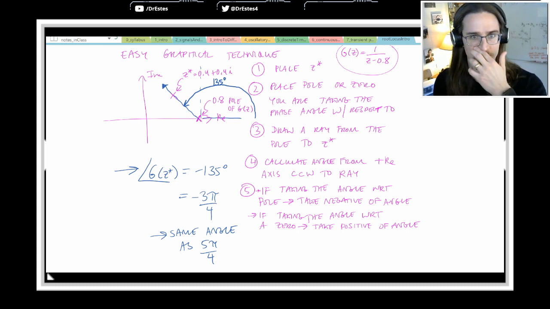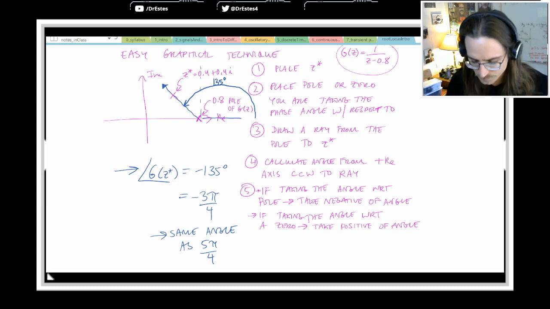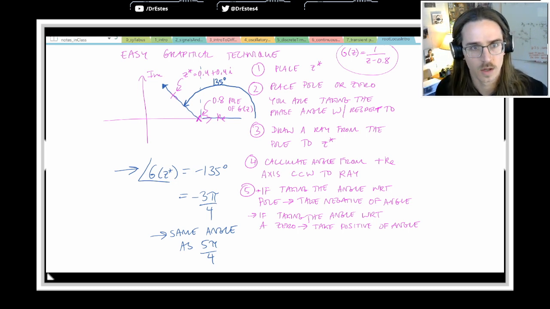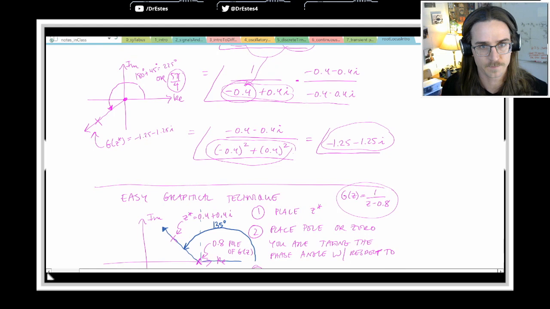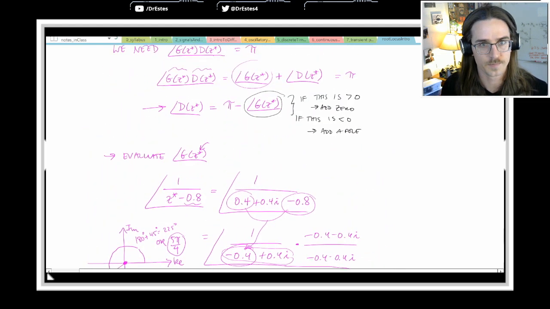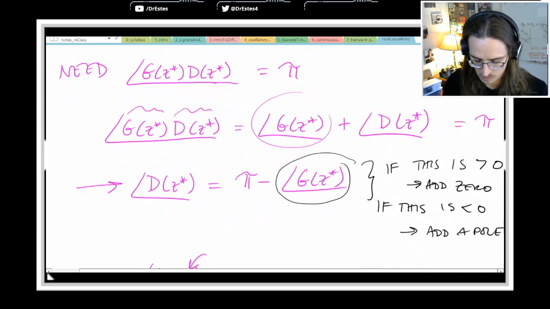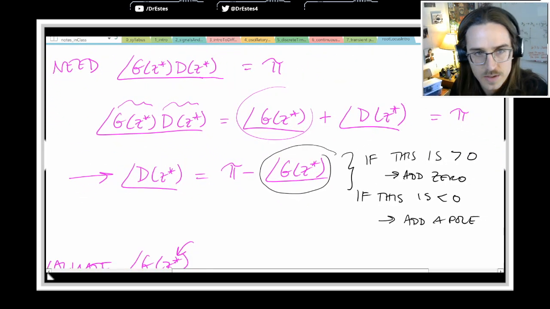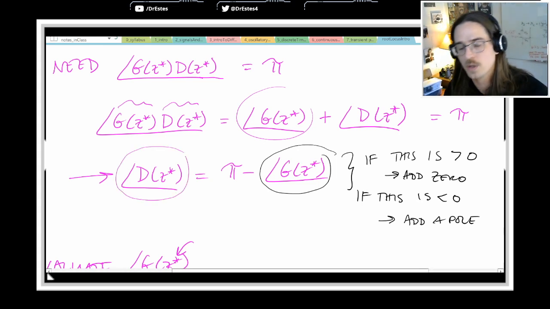I know we're running over in time. Just to put some closure on this. Why were we calculating the angle of G in the first place? So let's just go back here really quick. We needed to figure out what the angle contribution of our controller needs to be so that we satisfy the angle criterion.